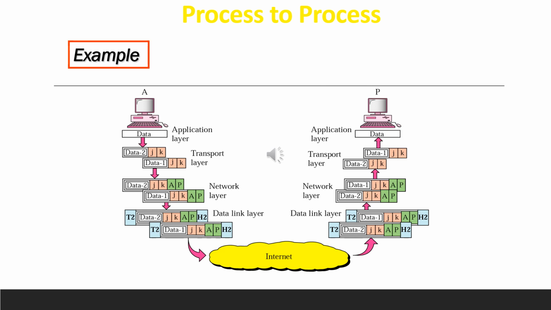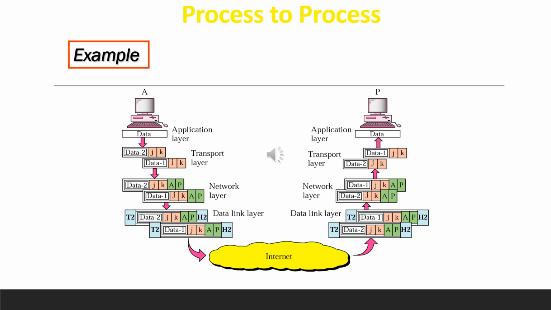Then it is transferred to network layer where A and P come into the picture. A and P are basically the logical addresses, where A is the logical address of sender and P is the logical address of receiver.